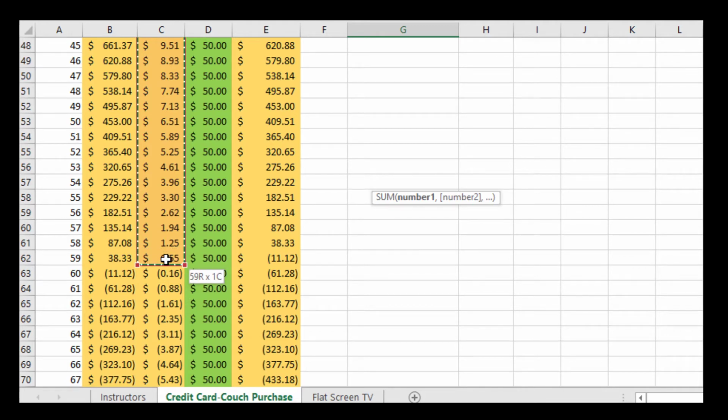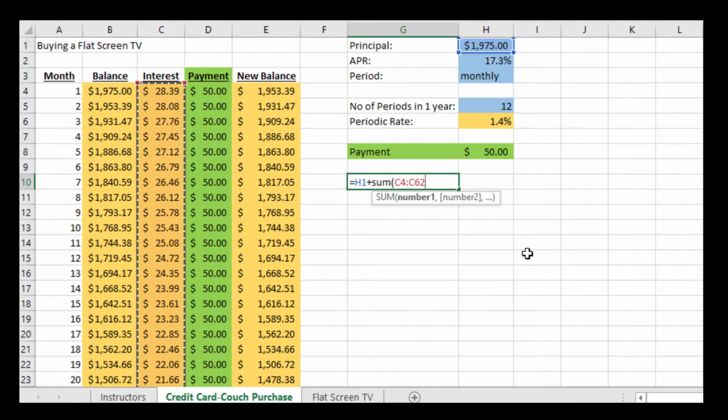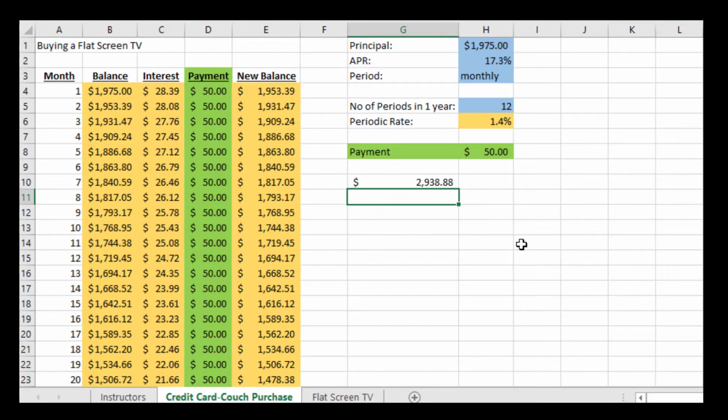And right there, I even paid that 55-cent interest on the $38. So that's all the interest that I paid. I close the parentheses and hit enter. So I paid a total of $2,938.88 for that computer. That was $1,975. That's a lot of interest. $1,000 of interest almost.